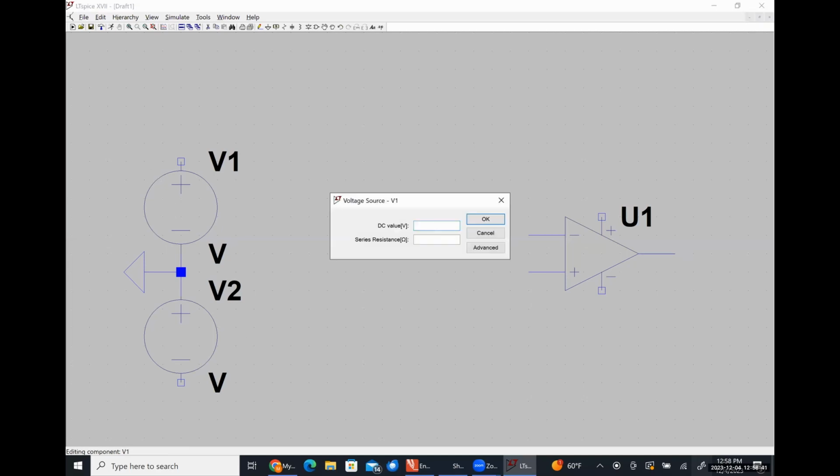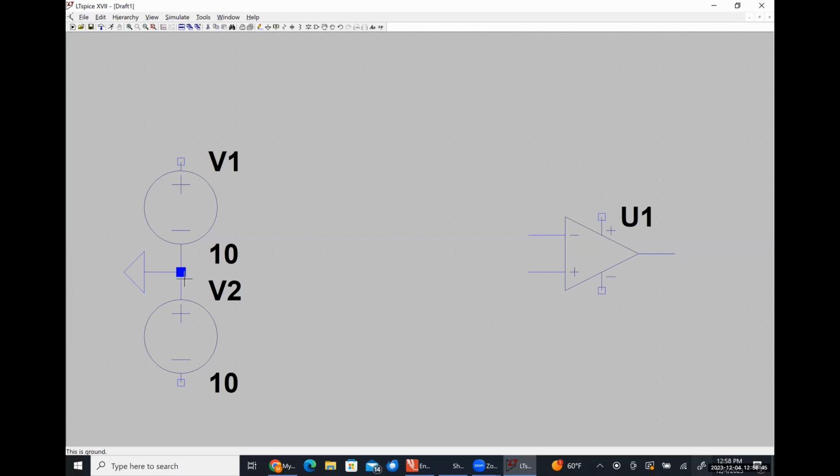I'm going to choose 10 volts for both, so that this point is 10 volts higher than this point. So this point down here is going to look like -10. You could, if you wanted to, rotate this voltage source twice, putting the positive polarity on bottom, and then just call it -10. But since most physical power supplies don't have access to -10 volts, I'm setting it up exactly like I would physically set it up in the lab.